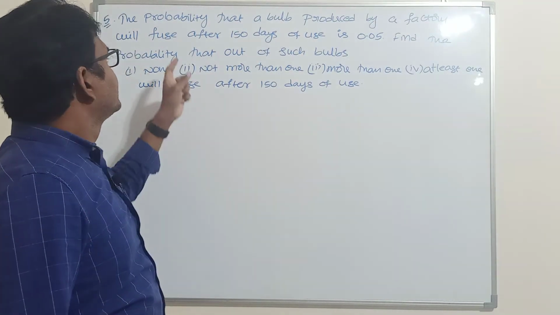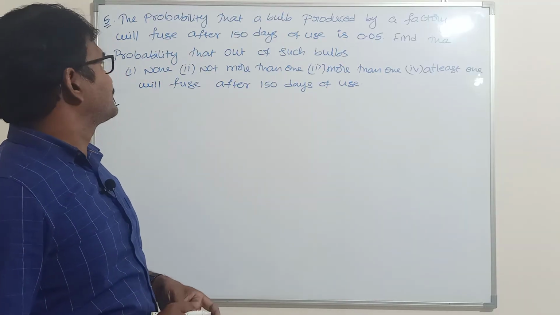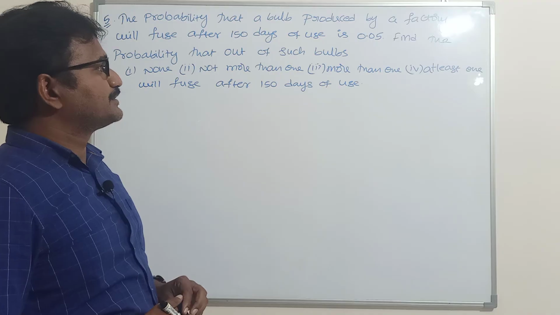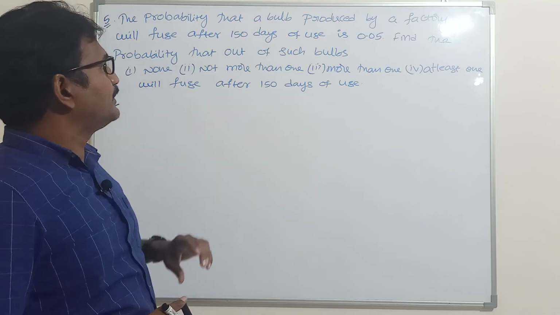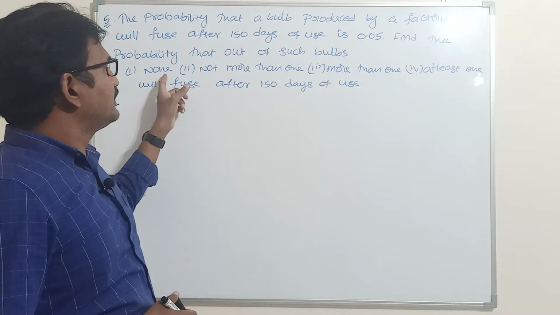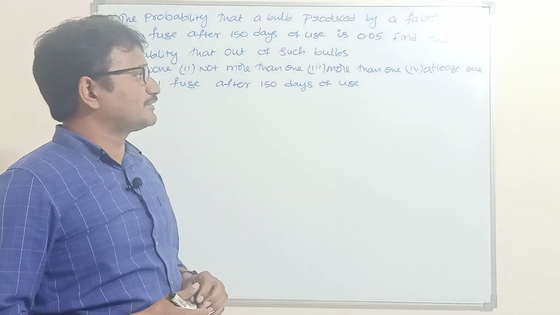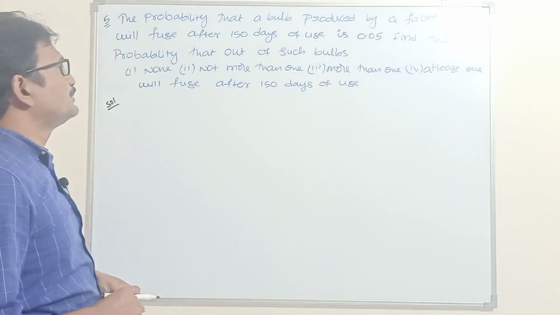Next problem. The probability that a bulb produced by a factory will fuse after 150 days of use is 0.05. Find the probability that out of such bulbs, none, not more than one, at least one will fuse after 150 days of use.